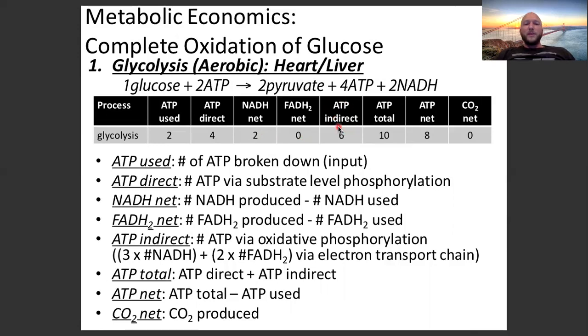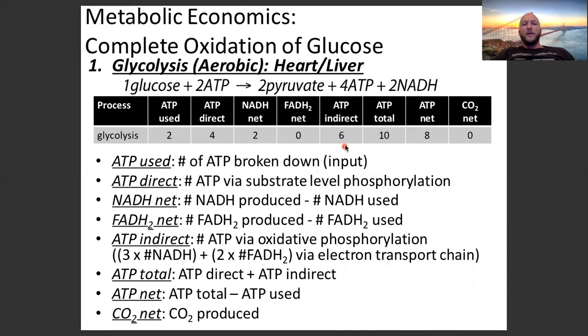Indirect ATP is ATP that is produced from NADH or FADH2 in the electron transport chain. Direct ATP is produced right then and there in glycolysis or right then and there in Krebs cycle. That's how these charts work.